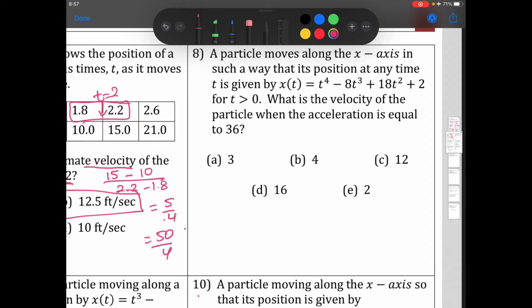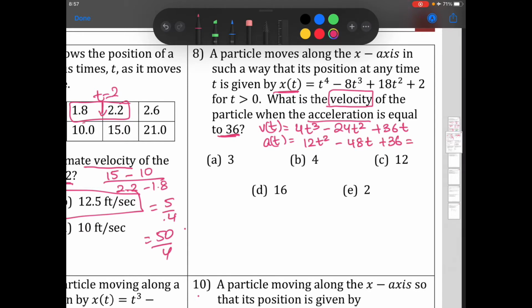First of all, I'm given a position equation, so I need to find my velocity equation first. My v of t would be 4t cubed minus 24t squared plus 36t, right? And then I'm going to find my a of t, which is 12t squared minus 48t plus 36.